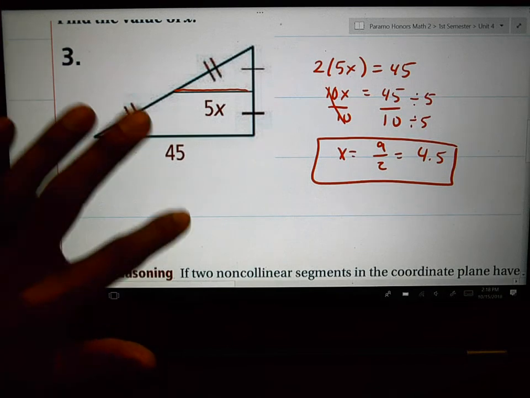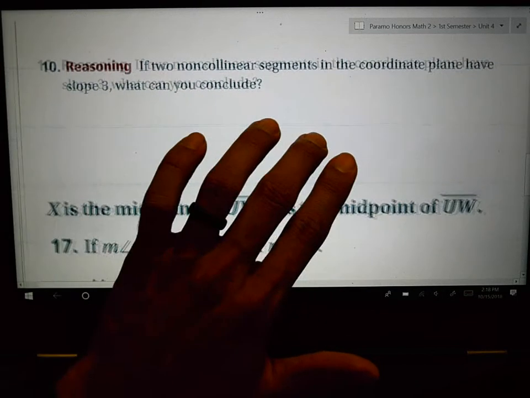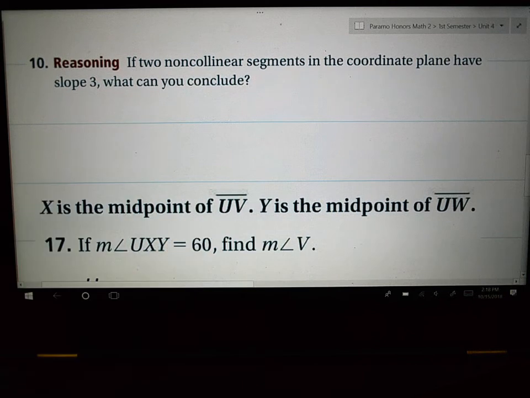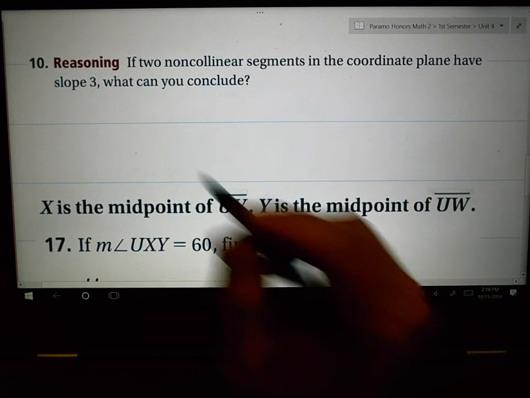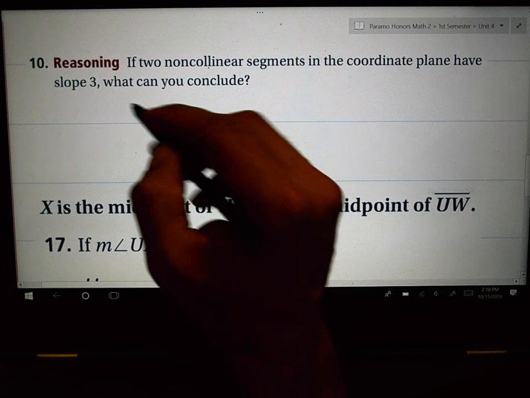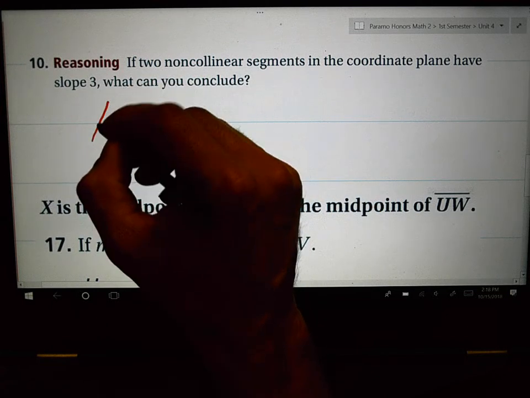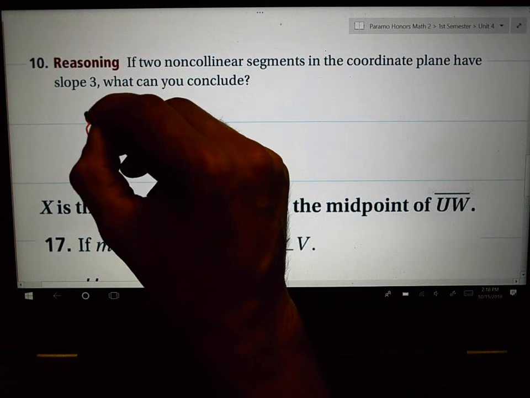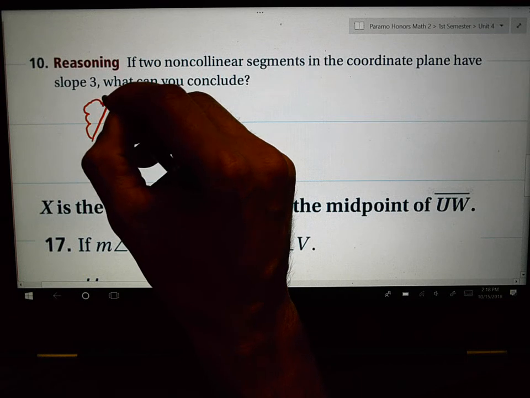Number 10. If 2 non-collinear segments in the coordinate plane have the slope of 3, what can you conclude? What this means is that they're not on the same line. Something over here has a slope of 3, a rise of 3 and over 1.